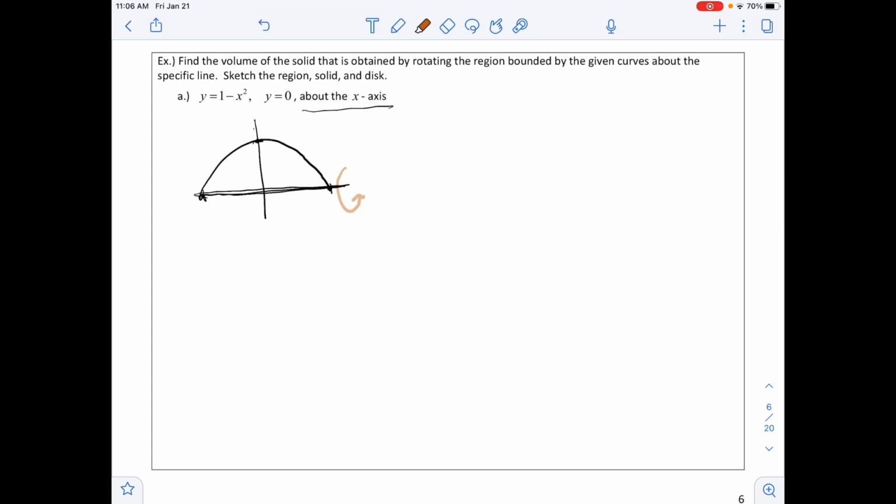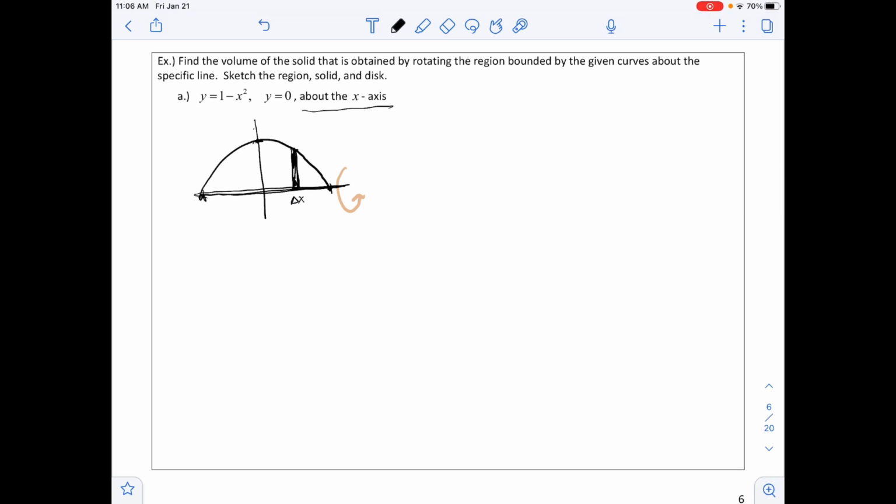And so if you think about having an approximating rectangular region, which we'll go ahead and draw here, that width would be a delta x. But as it's rotating around, if you think about that one little piece, if you rotate it around the x-axis, it's going to make a disc. It's going to make that circular region.